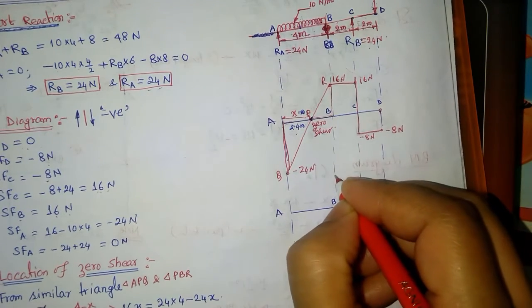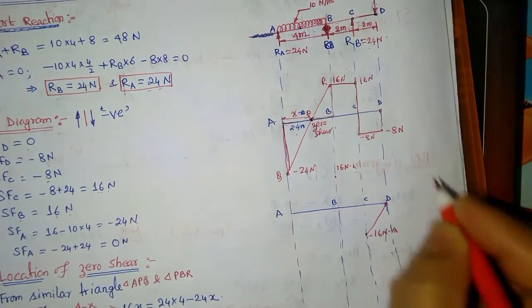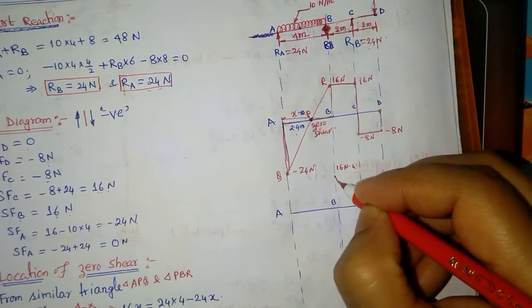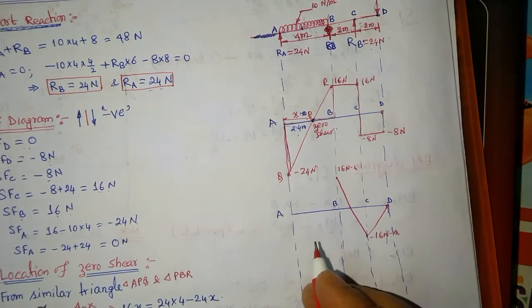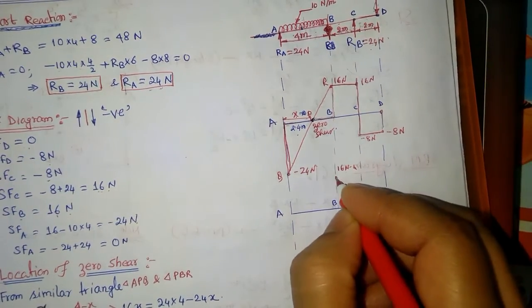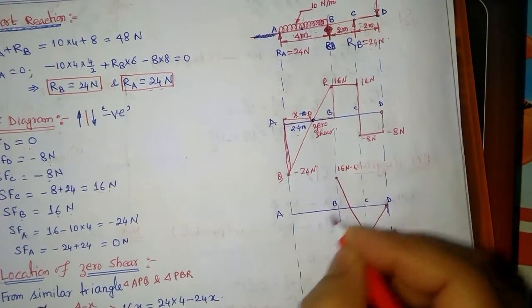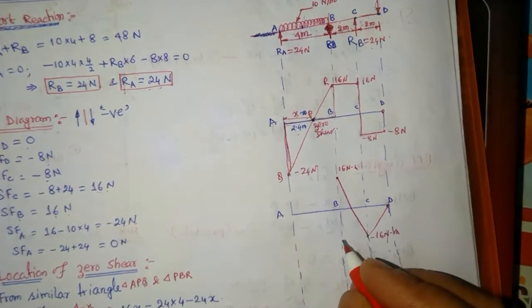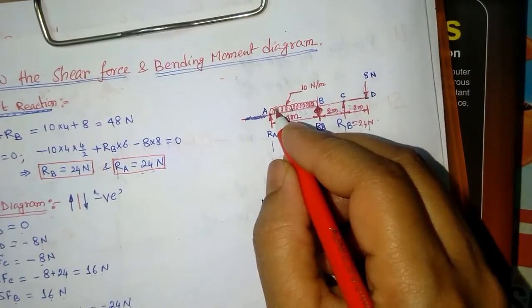So here we can put this as 16 Newton meter. So here again we have this line. Okay, now again from B to A. If you see that B to A, there is a uniformly distributed load.